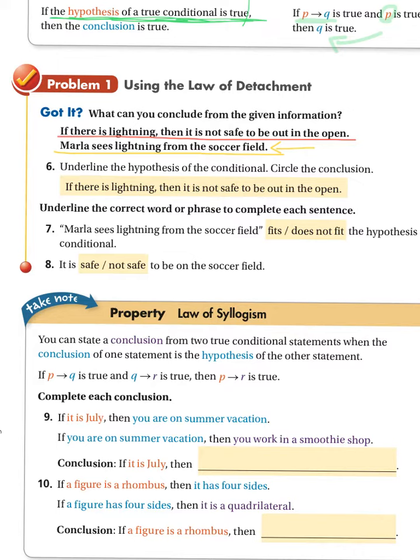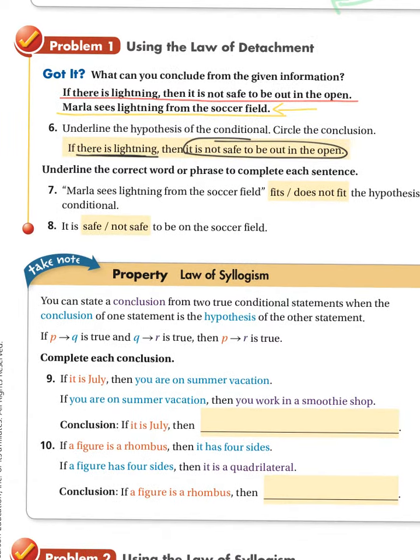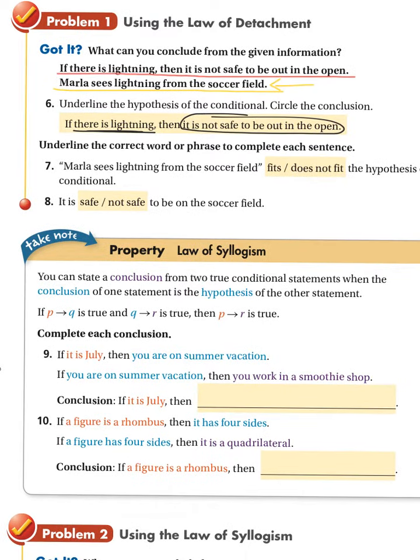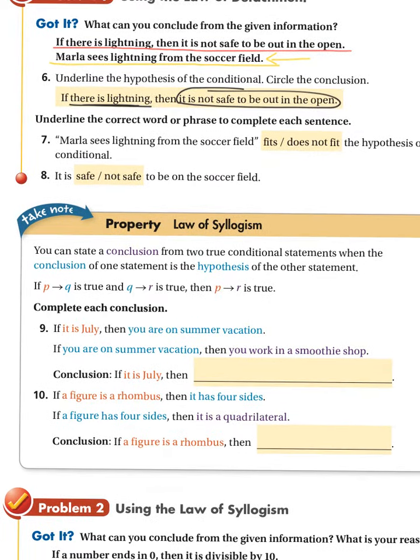It has you underline the hypothesis and circle the conclusion. We've done that before. And then it's just talking us through what we just talked about. Underline the correct word or phrase to complete each sentence. Marla sees lightning from the soccer field.